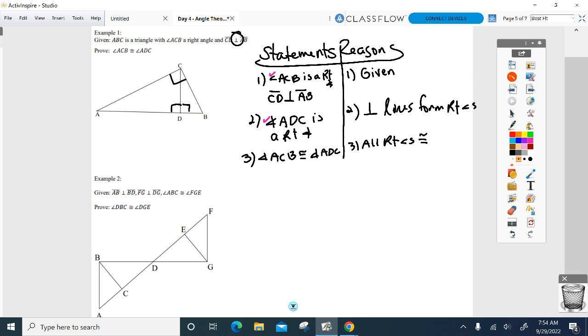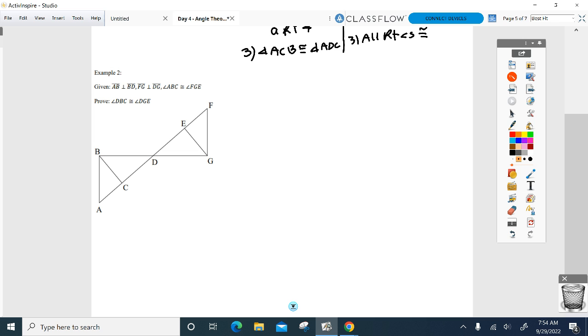All right, go ahead, number 2. Set it up. Mark it. This is going to be the toughest one we've done to date. It puts everything we've talked about together now.